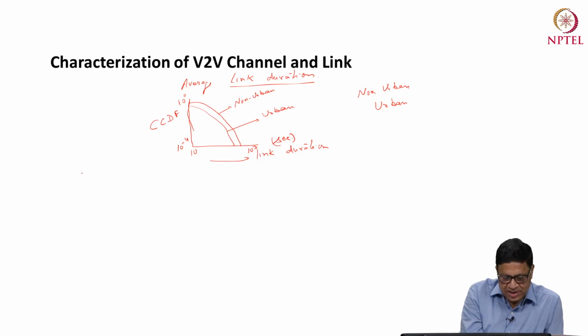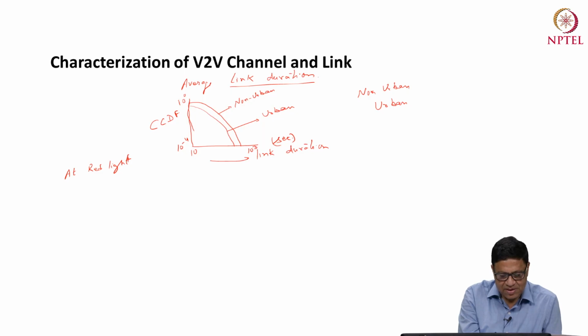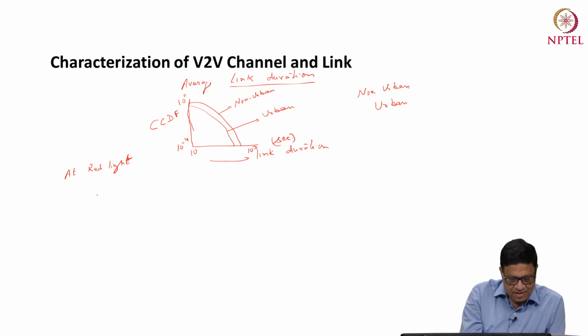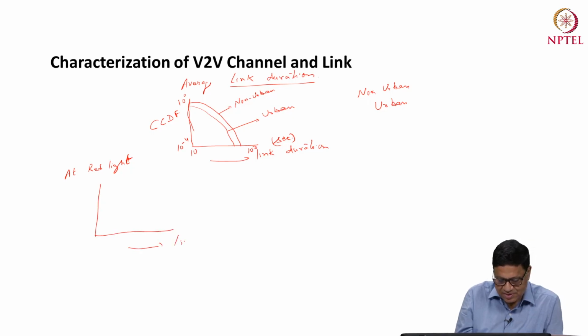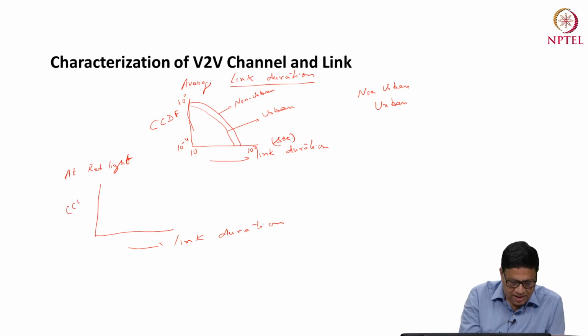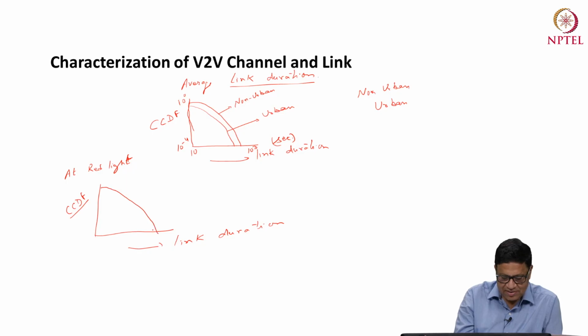And if you take a specific case, for example at a red light intersection, then if I plot the same curve, so this is link duration here, and this is again CCDF, cumulative complementary distribution function. So the normal case is something like this, as we have drawn in the earlier curve.